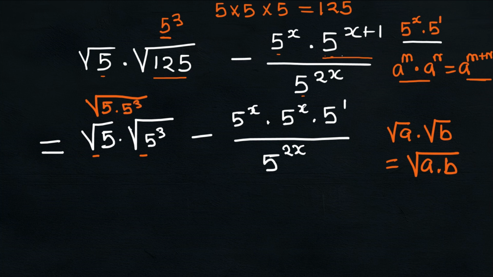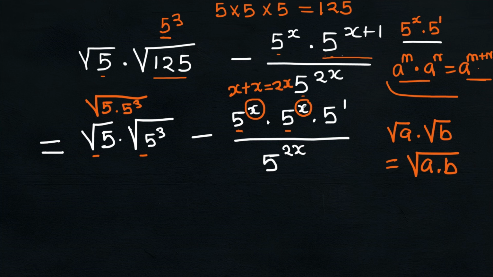If we go back to the exponent rule that we spoke about in this session, we know that if we are multiplying numbers of the same base, we can add the exponents. Here we have 5 to the power of x and 5 to the power of x. The base is the same, so we are going to add this exponent with this exponent, and you will realize that x plus x is equal to 2x.